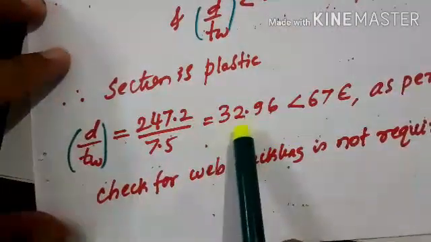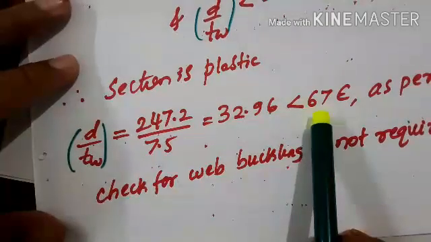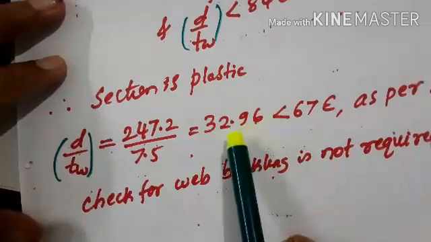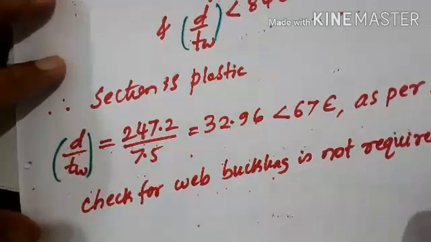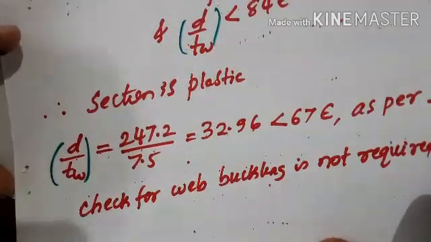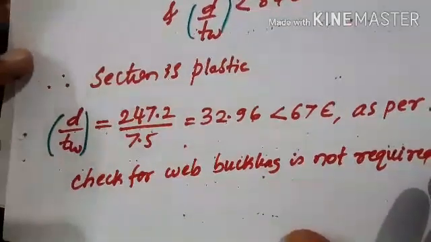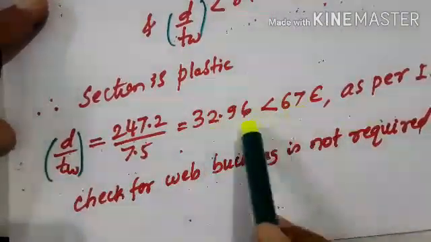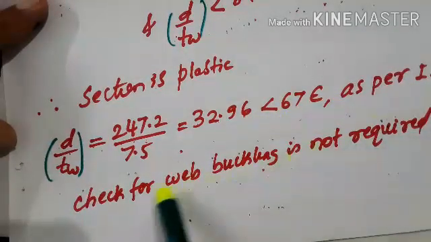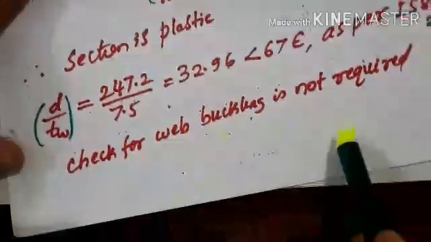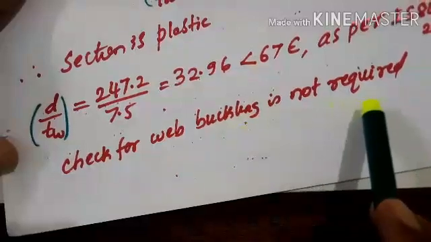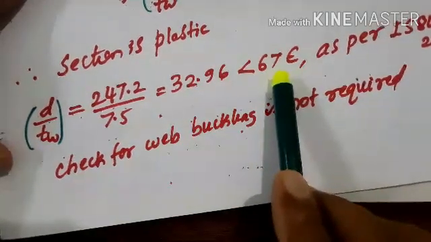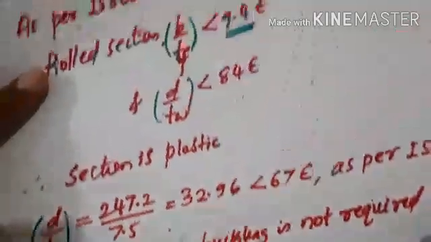In our case we are getting less than 67 times epsilon. If we were getting more than 67 times epsilon, we would need to take precautionary measures for the web, by providing stiffeners and so on. In our case it is less than 67, hence a check for web buckling is not required. This is as per IS 800:2007.